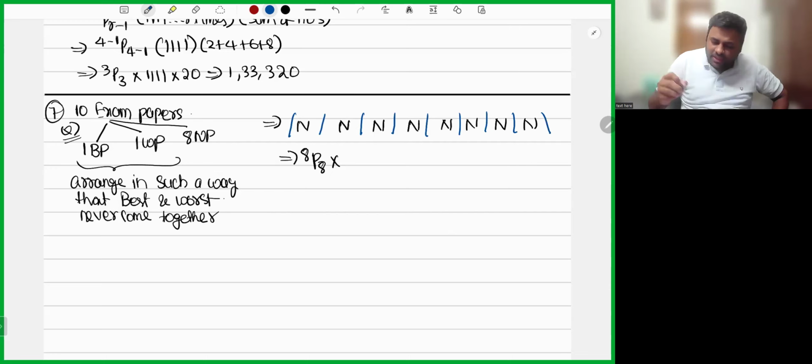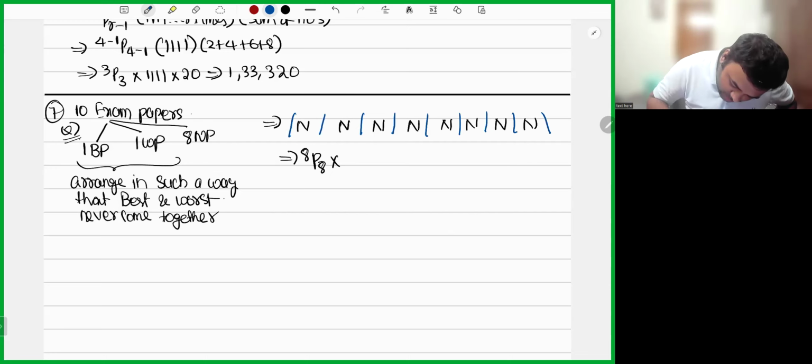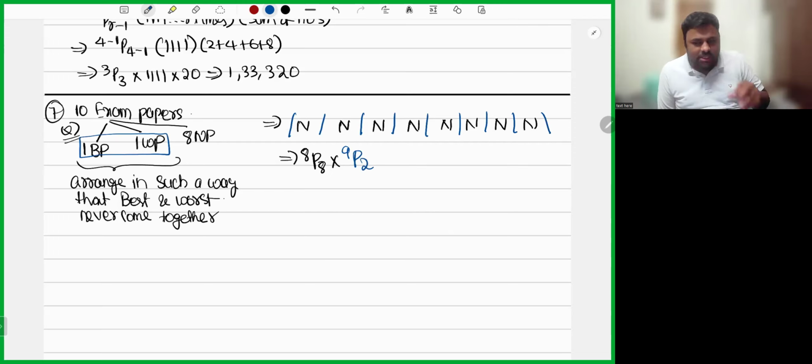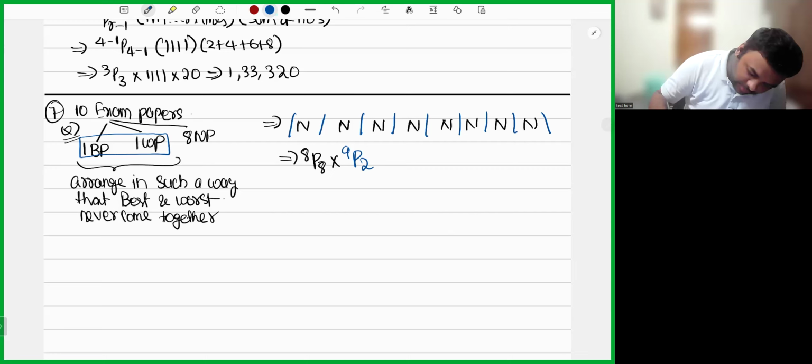In these 9 gaps, I'll arrange one best paper and one worst paper in 9P2 ways. First 8 normal papers can be arranged in 8 factorial ways, and one best and one worst paper in these 9 gaps in 9P2 ways.